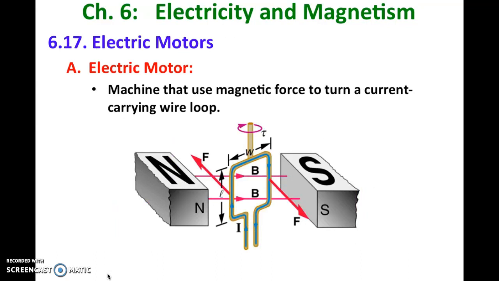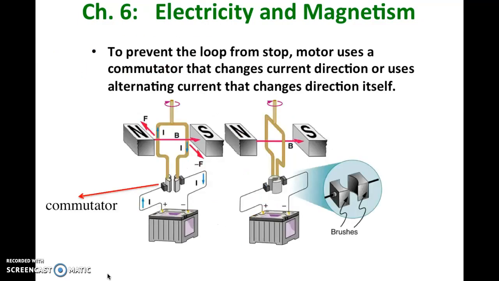An electric motor is a machine that uses magnetic force to turn a current-carrying wire loop, to prevent the loop from stopping or rotating back and forth.